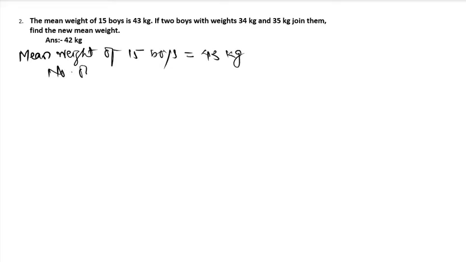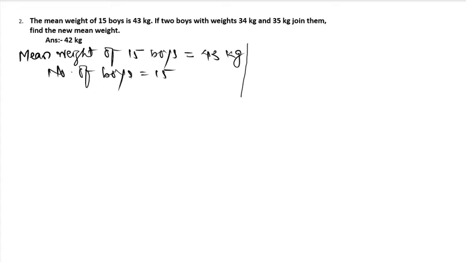Number of boys, of course, 15, right? Now what else they have given? That's one thing given to you. The other thing is, if 2 boys with weights 34 and 35 kg join them, find the new mean weight.